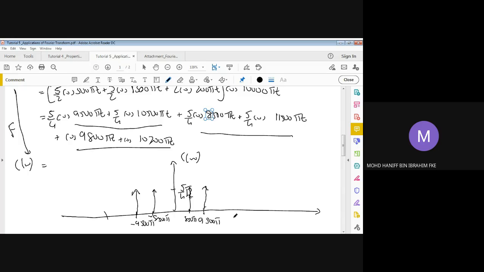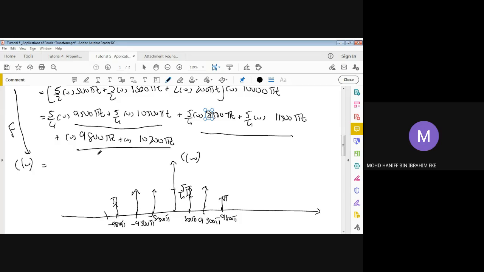Then we have impulses at 9,800 pi, also at negative 9,800 pi. This will be pi only, the amplitude for the impulse, dealing with these terms.